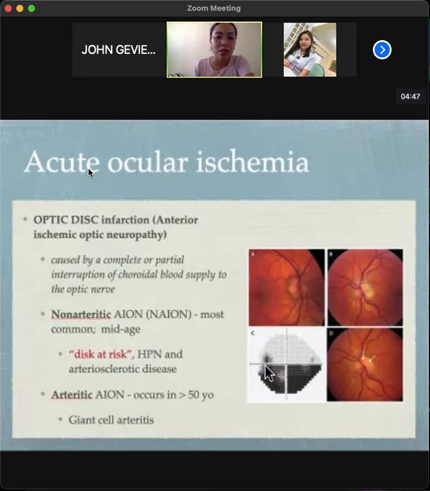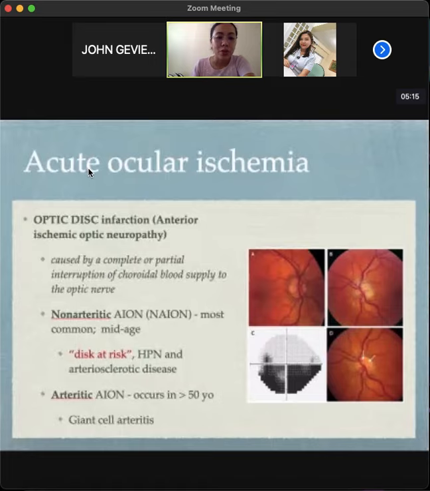On perimetry, or visual field, there is usually an altitudinal field defect. If the nerve is involved, the field defect usually respects the horizontal line, unlike in neurologic diseases where it respects the vertical line.